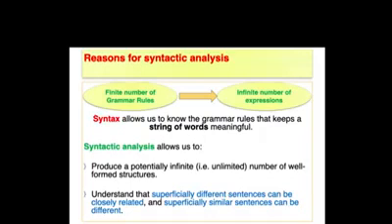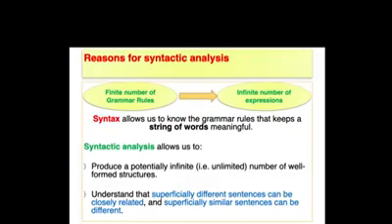And we will come to this aspect when we study the difference between surface and deep structure. Syntactic analysis allows us to produce a potentially infinite, unlimited number of well-formed structures.